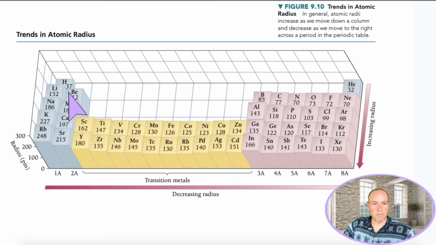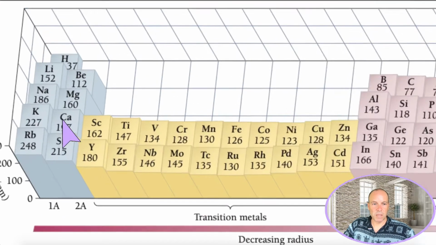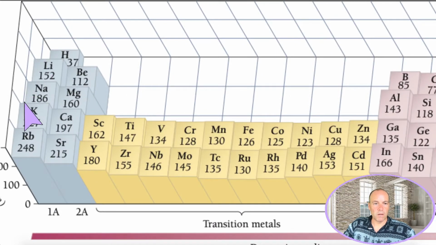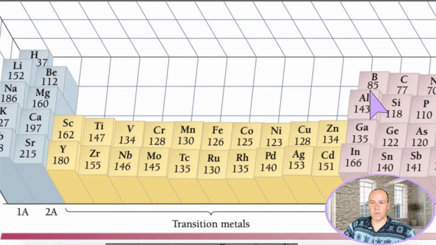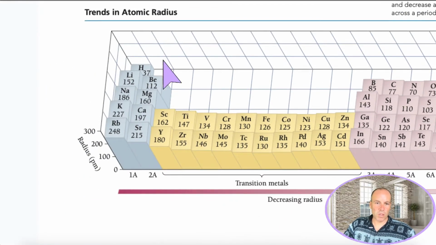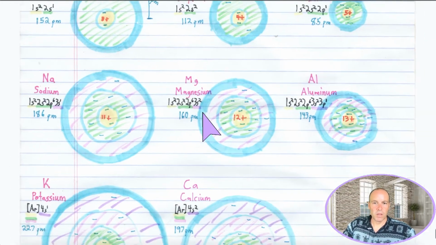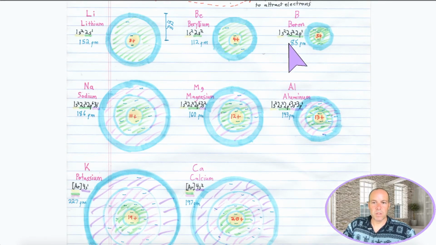So lithium, beryllium, boron, sodium, magnesium, aluminum, and then potassium and calcium. You see those ones right here, those 6 right here, and then these 2. So I think if we just understand the trend within these 2, you'll see why the trend works in general. So going back to the notes, you have these 6 atoms, and then those 2, they're all next to each other on the periodic table.